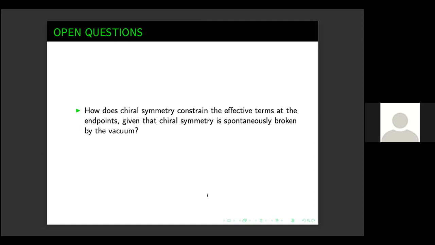Okay, so a second question: how does chiral symmetry constrain the effective terms at the endpoints, given that chiral symmetry is spontaneously broken in the vacuum? Because chiral symmetry is spontaneously broken, it may be a little bit too naive to say that the J to the 1/4 coefficient should just vanish.